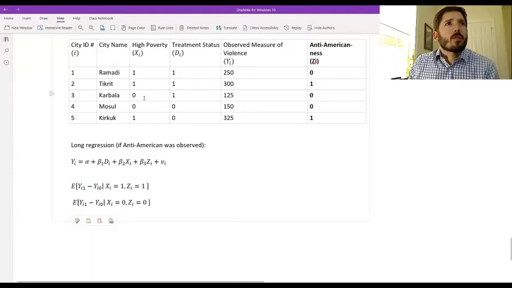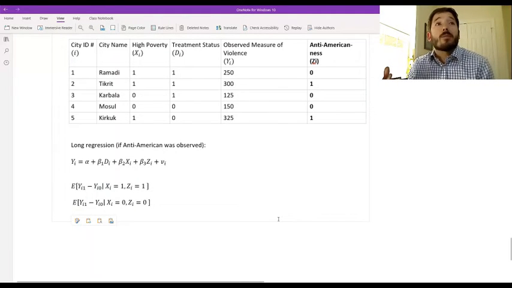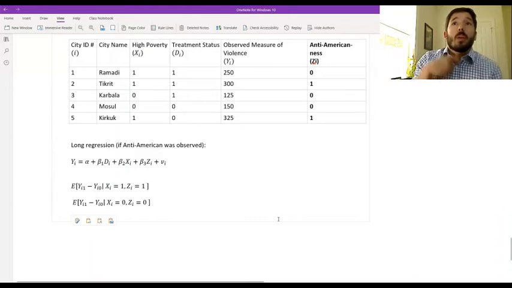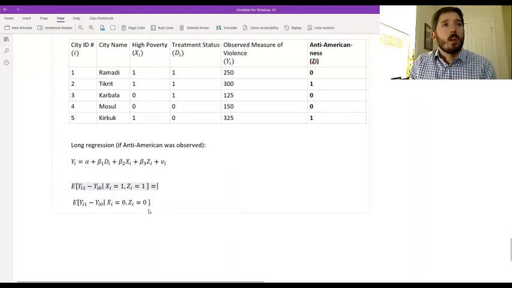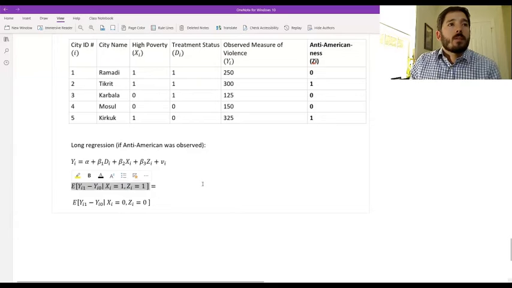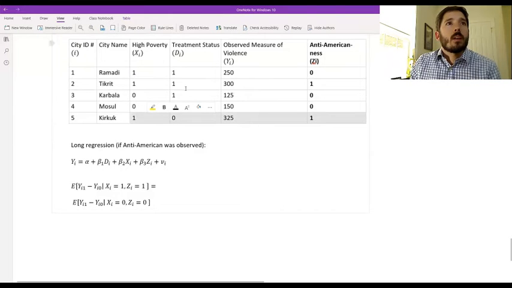I think those are the only ones where we actually have a treatment and control group within that slice of the population. Let's look at the first one. We're comparing high poverty cities that are also anti-American: Tikrit and Kirkuk.